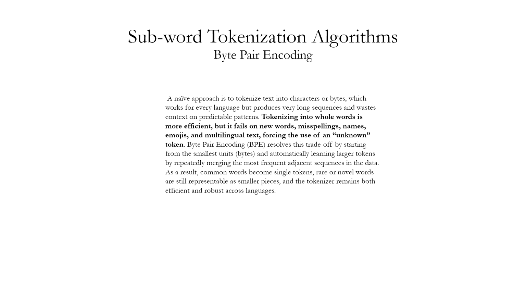So in order to resolve this, we've got something called byte pair encoding, and it resolves this trade-off by starting from the small units, bytes, which I mentioned, and automatically learning larger tokens by repeatedly merging the most frequent adjacent sequences in the data. As a result, common words become single tokens, rare or novel words are still represented as smaller pieces, and the tokenizer remains both efficient and robust across languages.